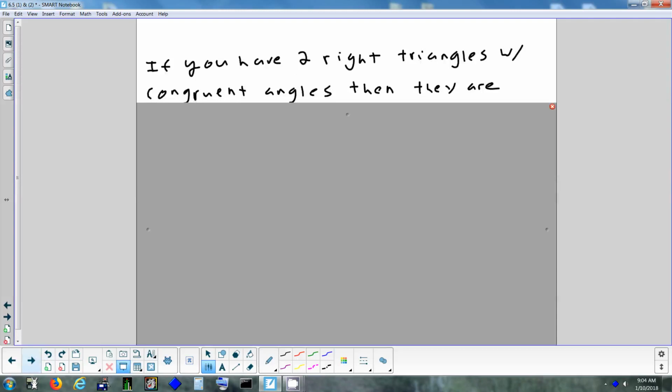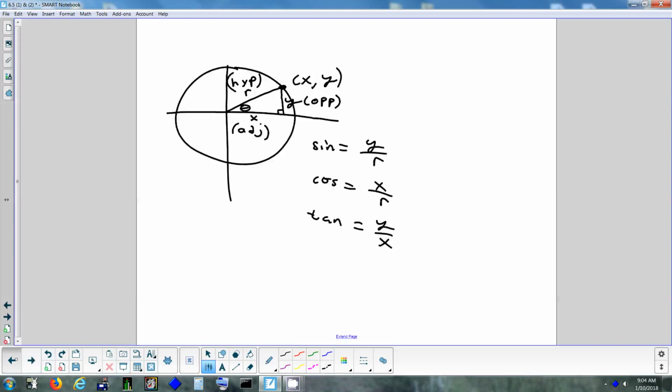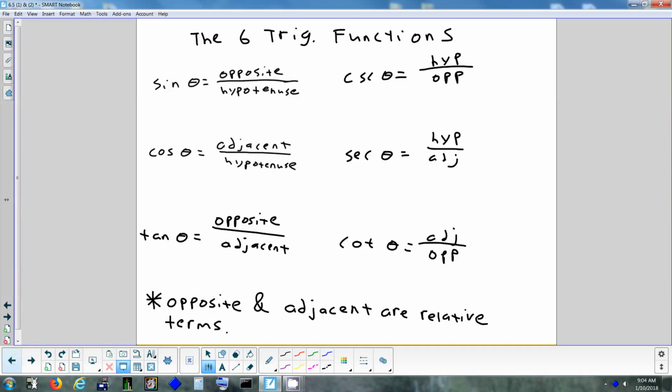So one thing I want to look at is when I ask you to find the sine or the cosine or the tangent of an angle, does it matter what size triangle you're using? Because all of these definitions have to do with the size of the triangle. Sine means the length of the opposite side divided by the length of the hypotenuse.